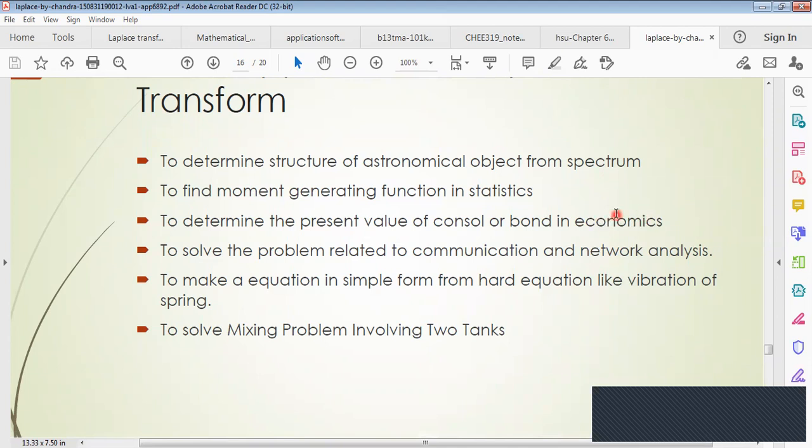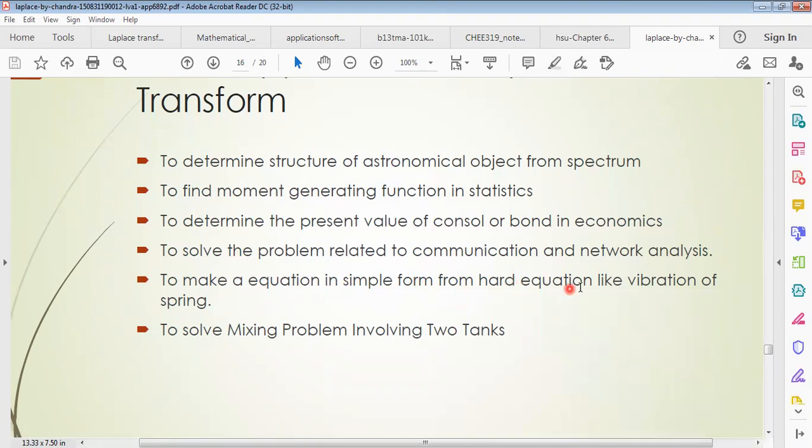In economics, we can apply this to problems related to communication and network analysis. In electrical engineering, communication engineering and network engineering also, when any problem arises, we can apply the Laplace transform to make a hard equation into a simple form, like the vibration of a spring.